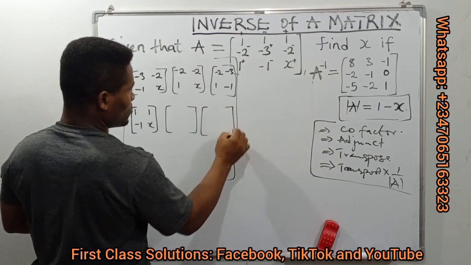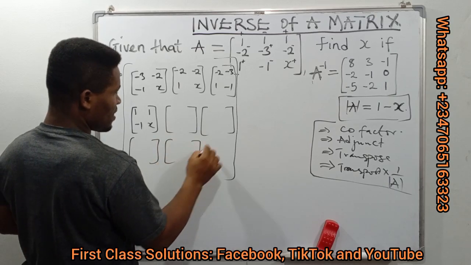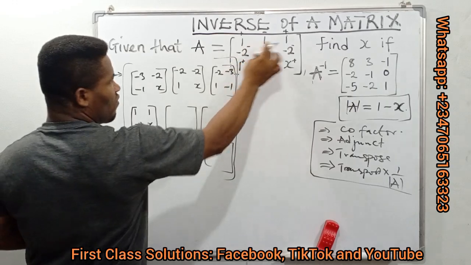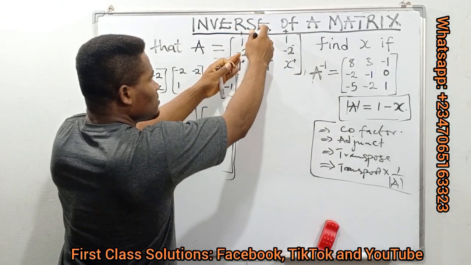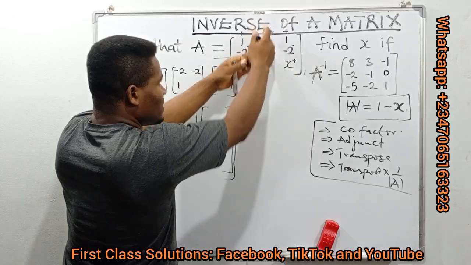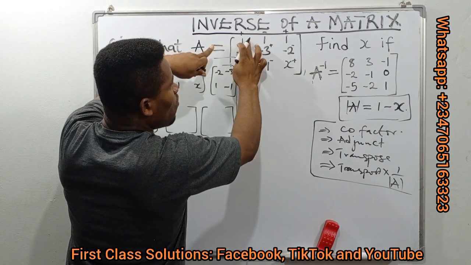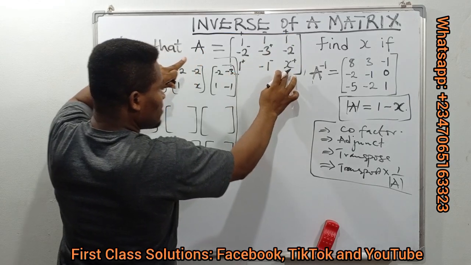what we have here. So let's fill it up together. Remember, we'll cover this second row and this first column. So we'll cover the second row and the second column. So if we cover here and cover here, we'll have 1, 1, 1, x.